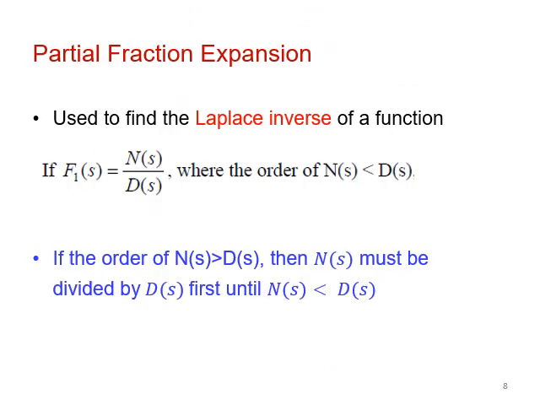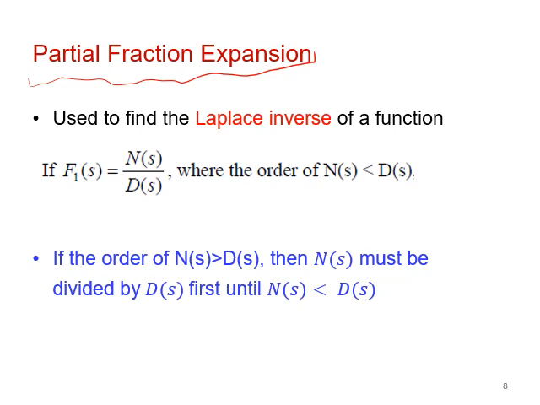Partial fraction expansion is a method used to find the Laplace inverse. So this is what we are going to depend on here in control system. In control system, we are going to follow most of the time partial fraction expansion.